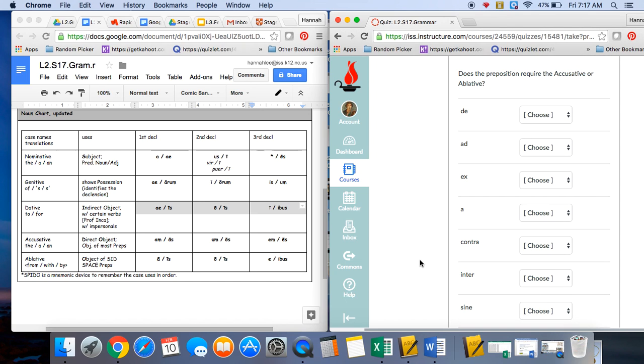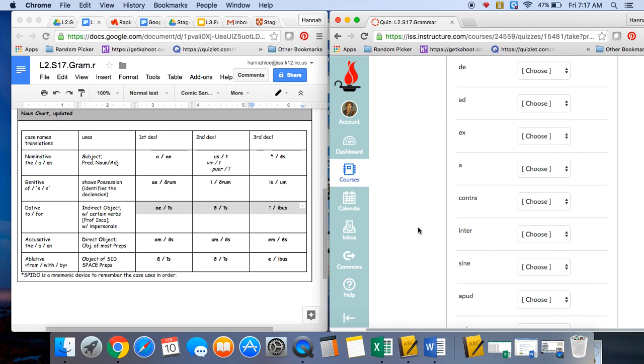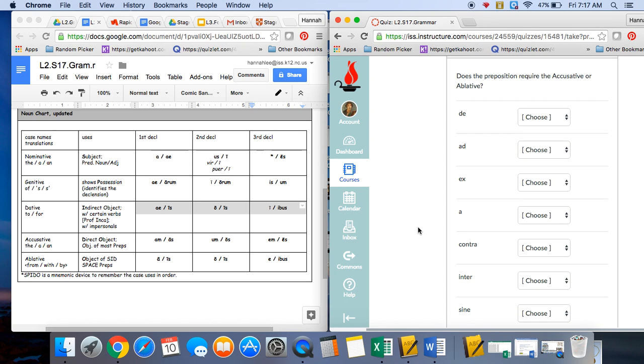The next part, which preposition: does the preposition require the accusative or the ablative? This right here is a SIDE SPACE thing. And SIDE SPACE is not showing up in full form over here on the bottom left-hand corner. Instead, you may have to refer back to your grammar packet.